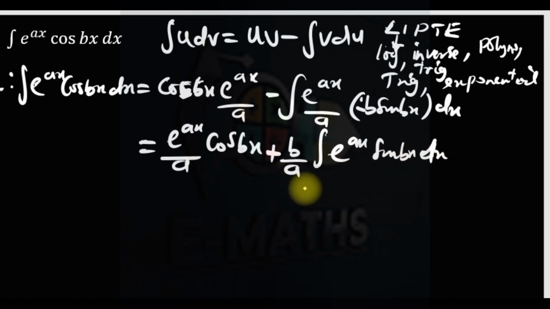We need to do the integration by parts a second time, because now our u is sine bx, while our dv is e raised to power ax dx.